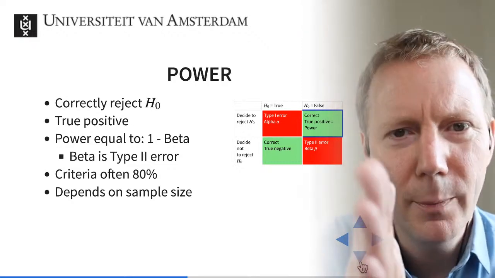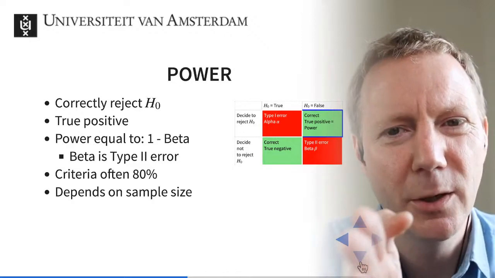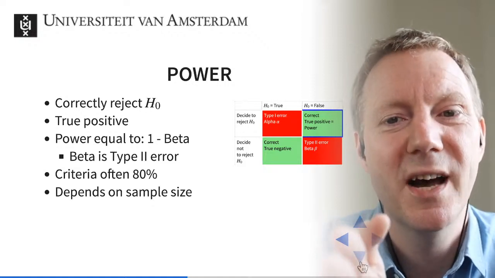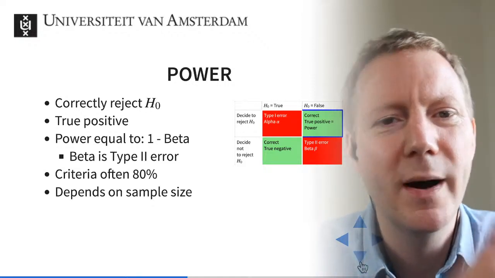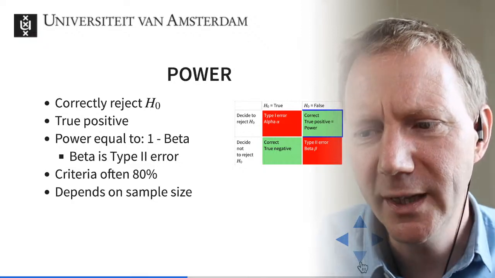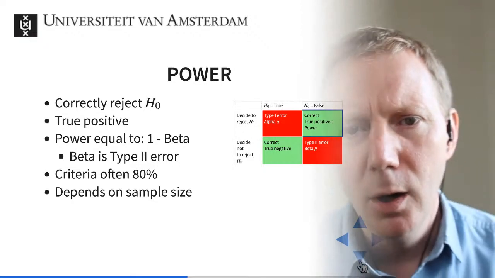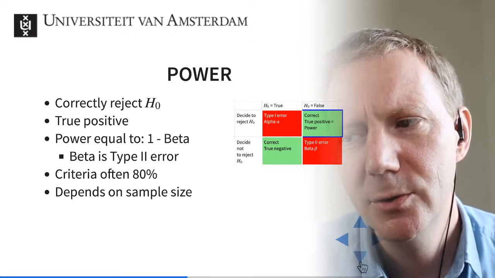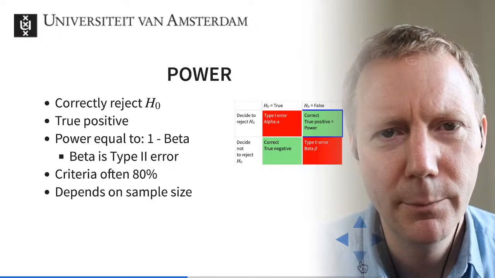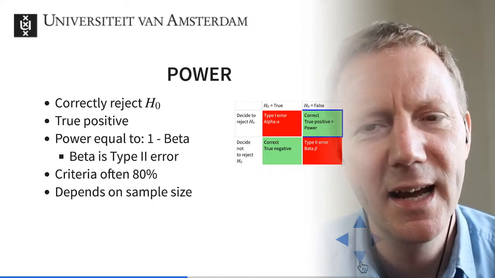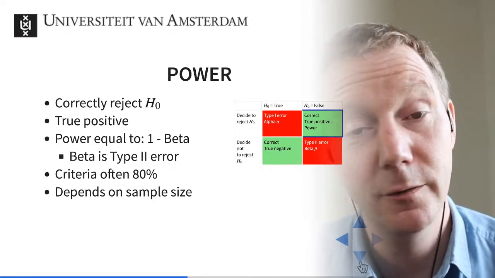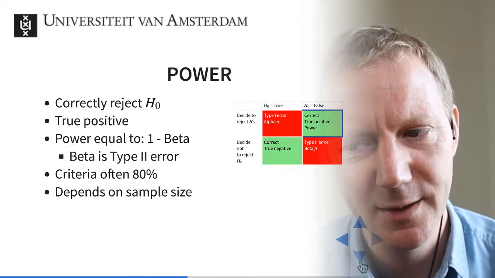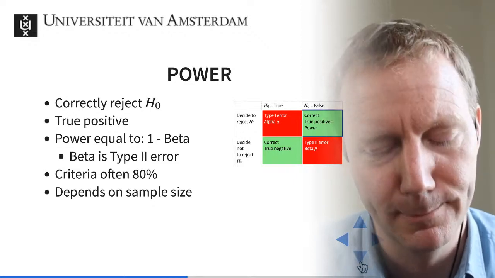So if you chop it up, set a boundary somewhere, then you have a probability area on one side, and the other side is always 1 minus that same probability. So you will encounter that more often. What we see in psychological research is that mostly we try to max out our power at 80%. So the probability of making this specific correct decision, we want to set at 80%.